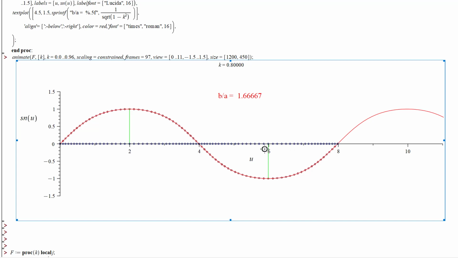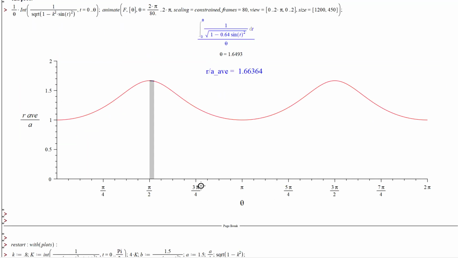So these points are stretched, and these are not too much. And again, the stretch amount for each of those intervals, because there's 80 of them, I looked at everything in terms of the 80 subintervals of 0 to 2 pi. So the max stretch is just about 5/3, and the min stretch is a teeny bit more than 1 when k is 0.8, which this graph is for.